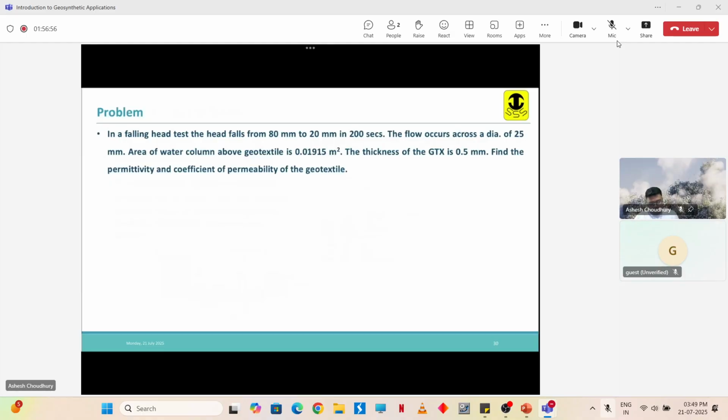So this is a falling head test, right? So the falling head test is conducted. The area over the geotextile is 0.01, and the time taken is 200 seconds.